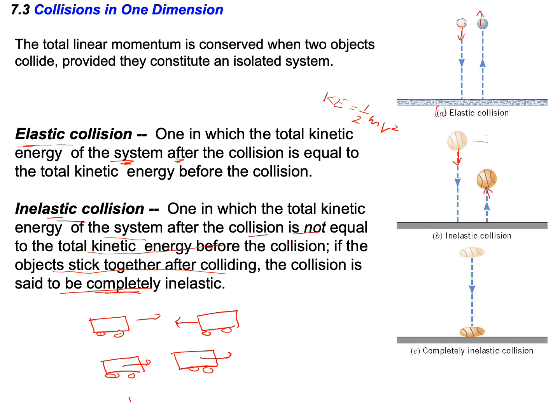And the third one, they collide with each other, but after the collision, they stick together and travel as one unit. If the objects stick together after the collision, it is completely inelastic. So make sure you understand the difference between elastic and inelastic when you work on your homework.